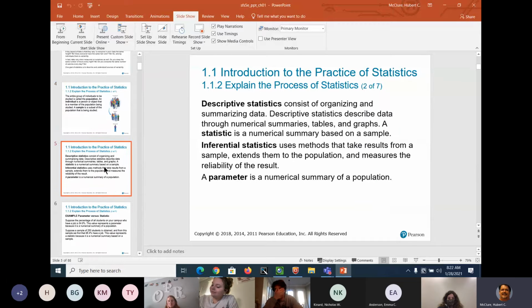All right, write these down because I'm going to tell you what the definition is, and then you can look at the wordy definition.